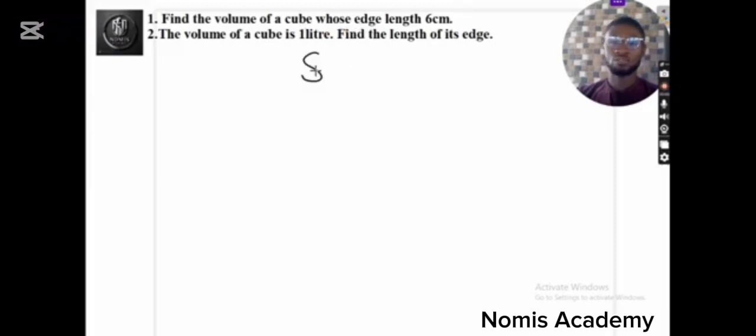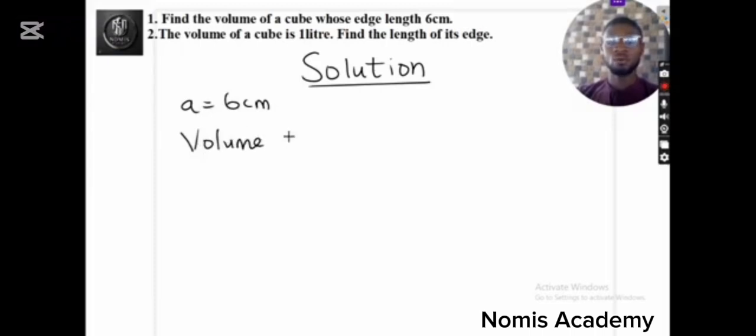So let's go into the solution. Having known that the a given to us is 6 centimeters, we just introduce the formula which says volume of cube is equal to a cube.